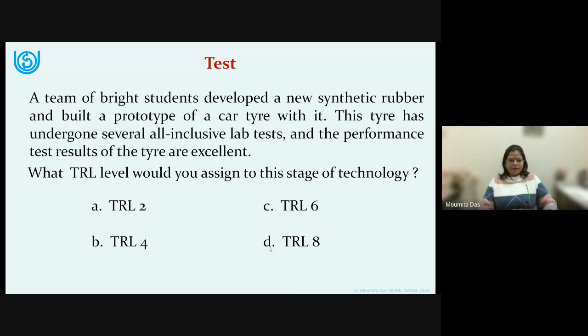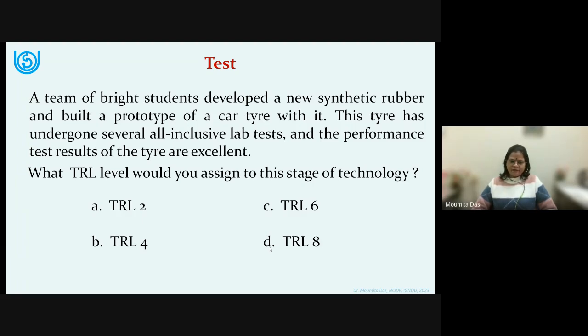Read it carefully. A team of bright students developed a new synthetic rubber and built a prototype of a car tire with it. This tire has undergone several all-inclusive lab tests, and the performance test results of the tire are excellent.